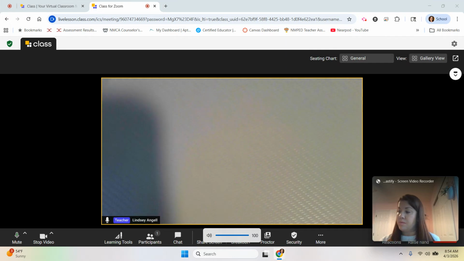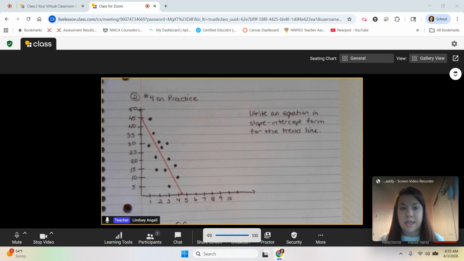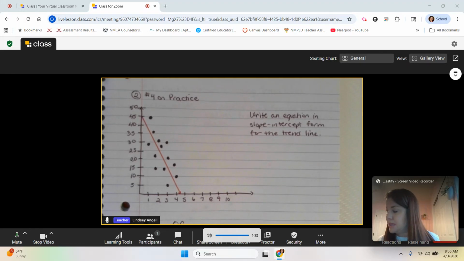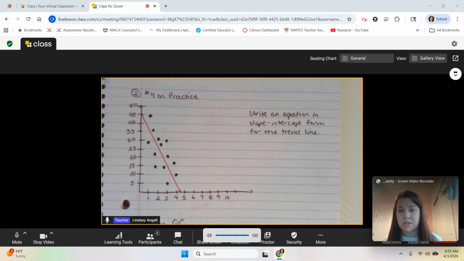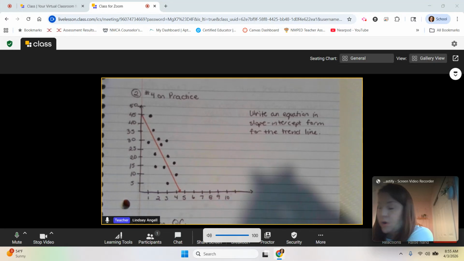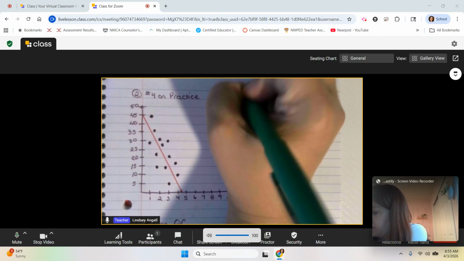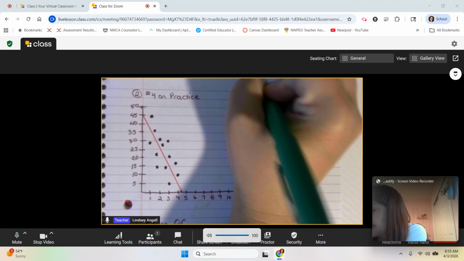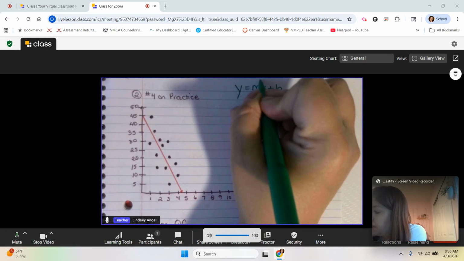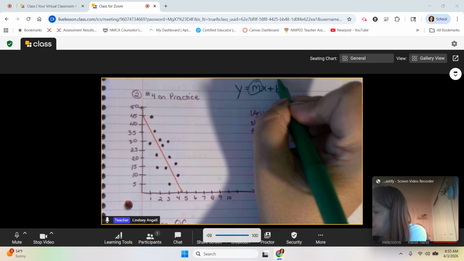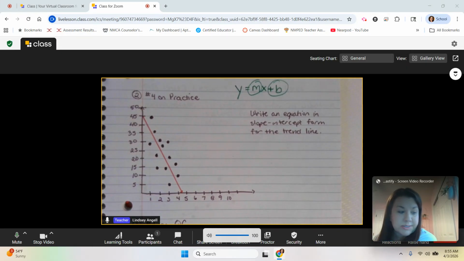With this next one, we're also given a trend line, and they want us to write an equation in slope-intercept form for the trend line. So remember, slope-intercept form looks like y equals mx plus b, where we need to find the slope and the y-intercept.